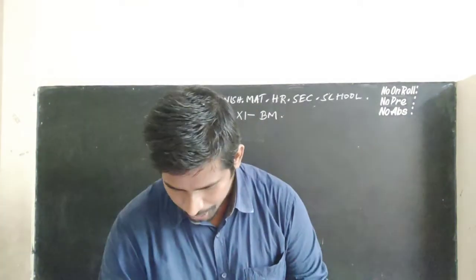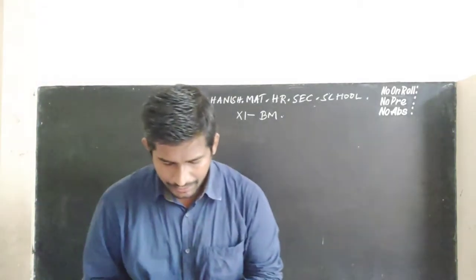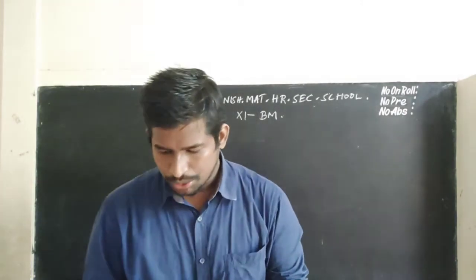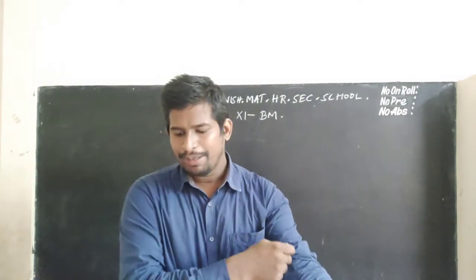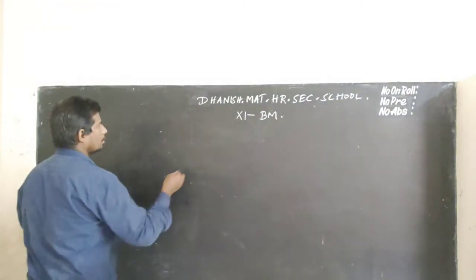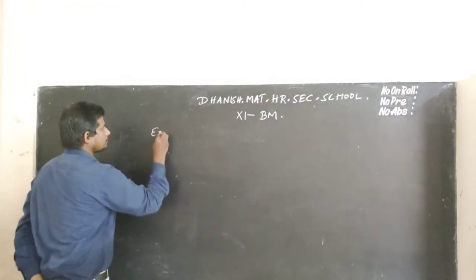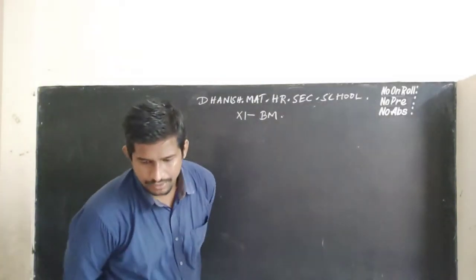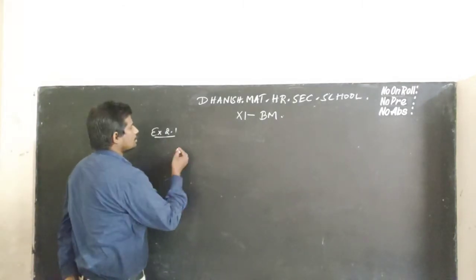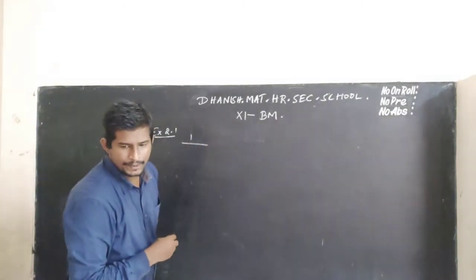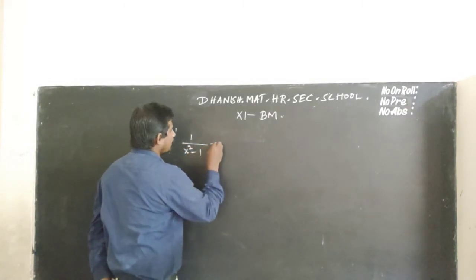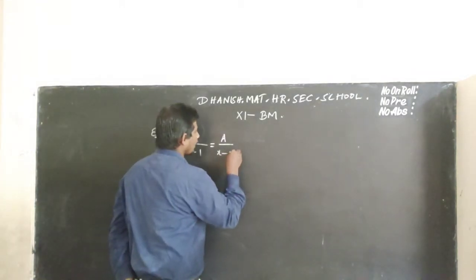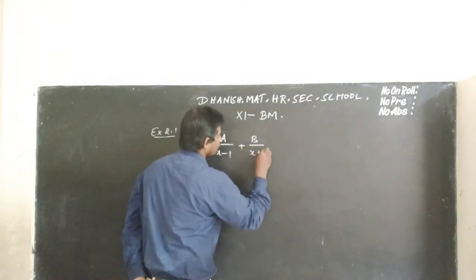Look at example 2.1. Find the values of A and B if 1 by x square minus 1 equals A by x minus 1 plus B by x plus 1.